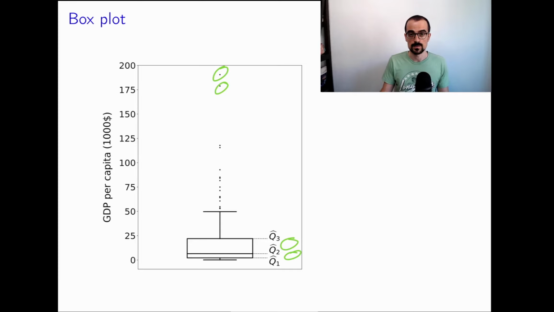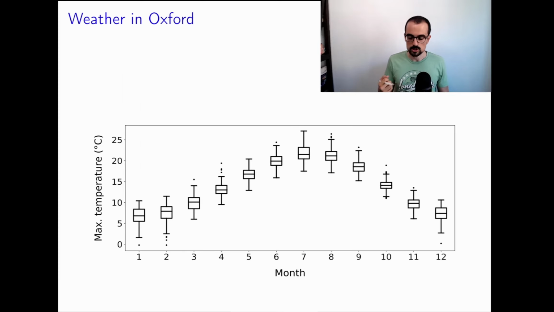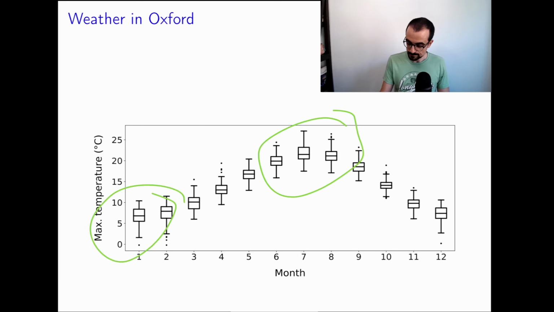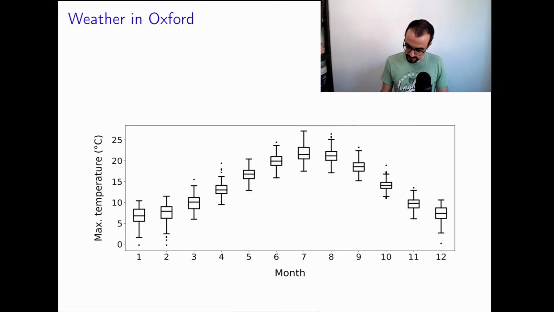It's really useful. As another example of how useful box plots are, here are box plots of the temperatures in Oxford in each month over the last 100 years. And we can see very quickly that things are warmer in the summer, colder in the winter, and we can also see that the temperatures change more in the winter than in the fall or in the spring.